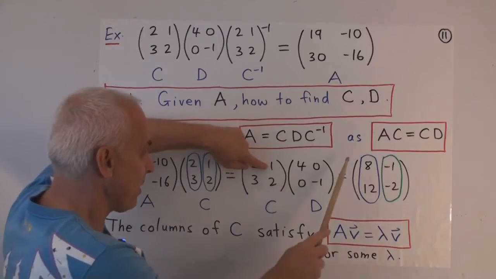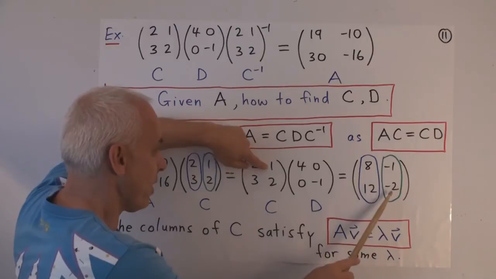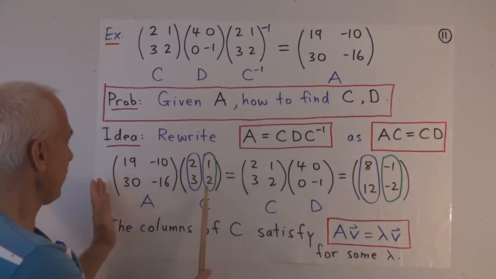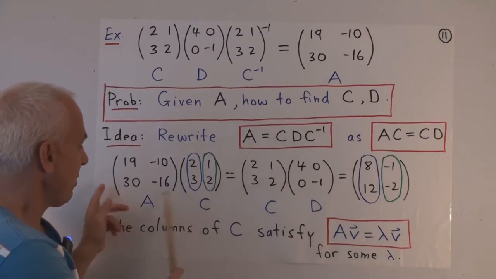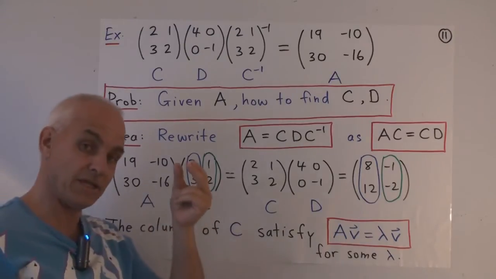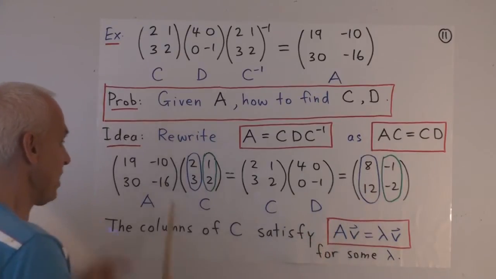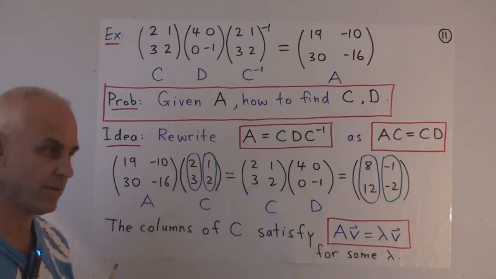And the second column becomes multiplied by the second diagonal entry, so it becomes -1, -2. So altogether, if we look on this side and compare it with here, when we multiply this matrix by this matrix, what we are doing is working column-wise.